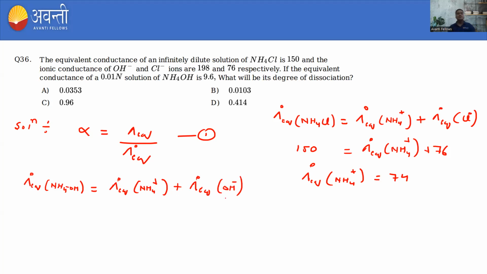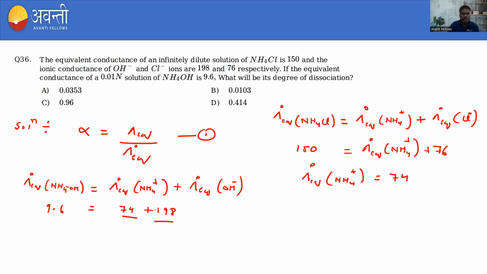So for NH4 plus and OH negative ion, the value is given, around 9.6. You get the value of NH4 plus now, that is 74. So 9.6 is given already, and this value is 74 plus 198, that is the OH negative value.